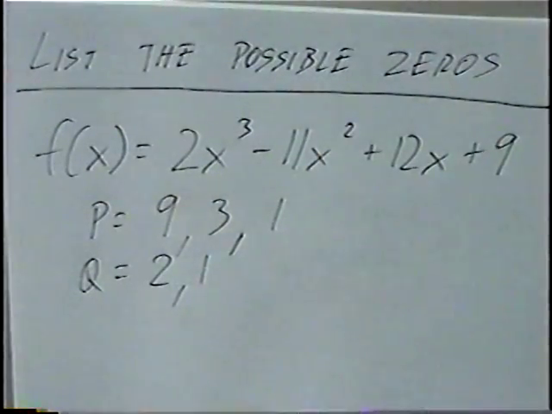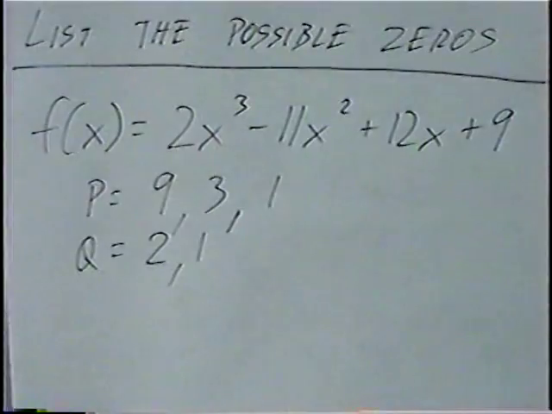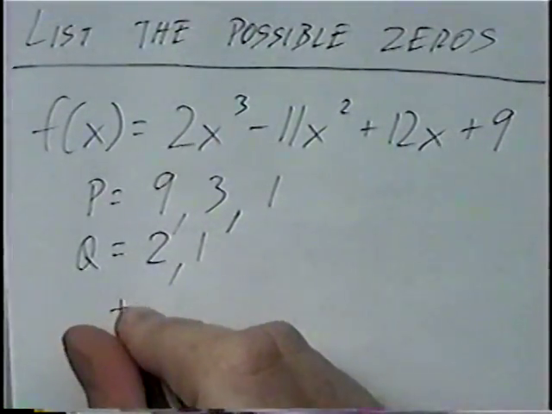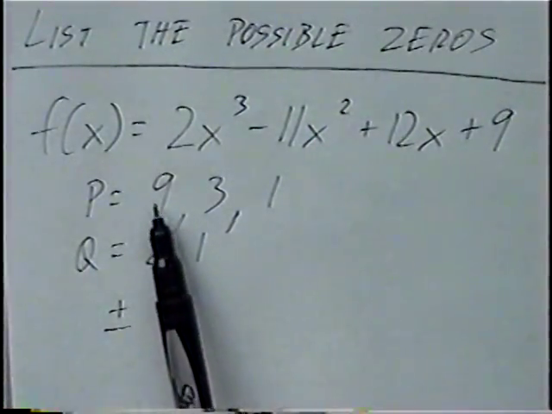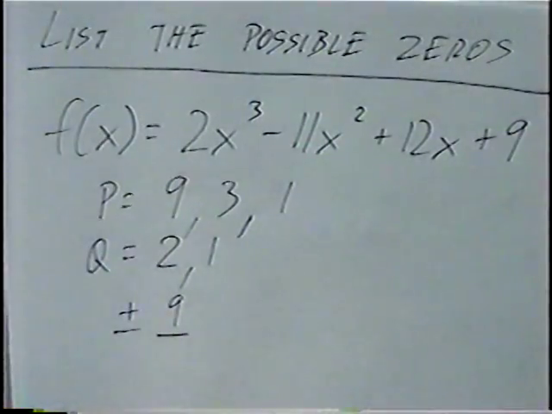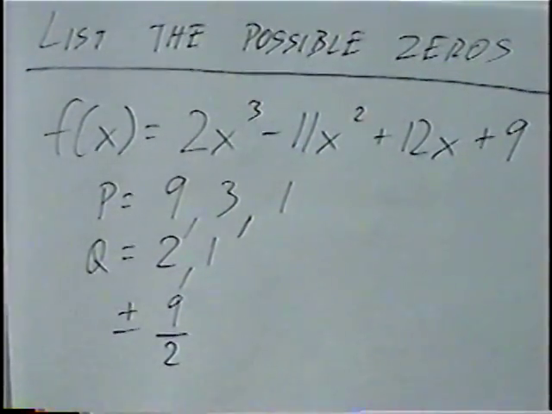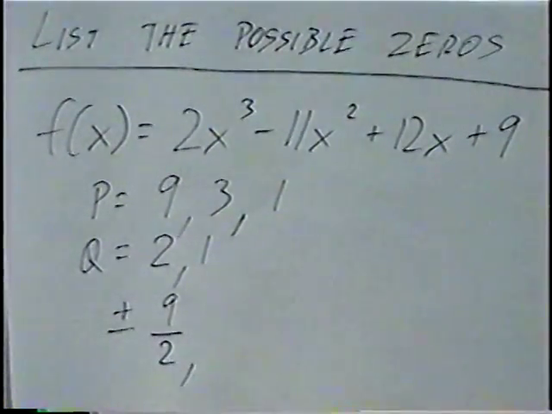The possible zeros again will be a list of fractions that we can make with p over q. We'll start off with plus or minus, since it could be positive or negative fractions. Taking the first number p could be 9 over the first number q, which would be 2. So the first possible zero would be 9 over 2.